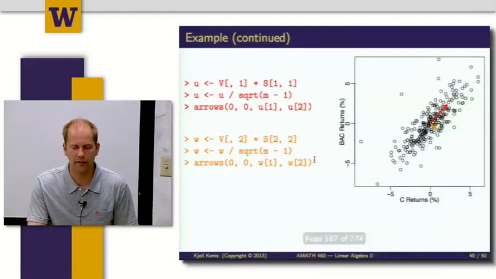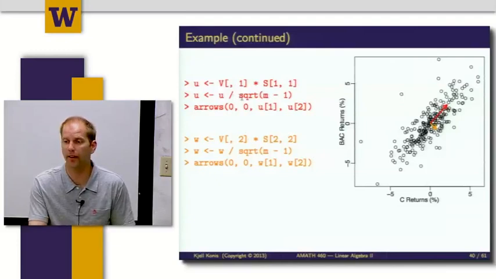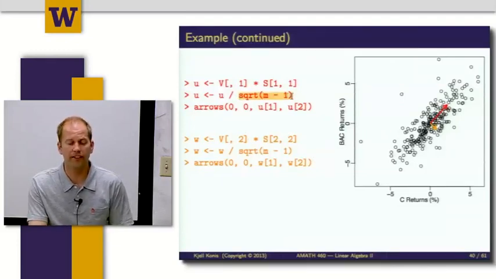And now what I can do is also multiply them. I need to rescale, since they get bigger based on the number of data points I have. So I need to rescale the singular values by the square root of the number of data points minus 1.